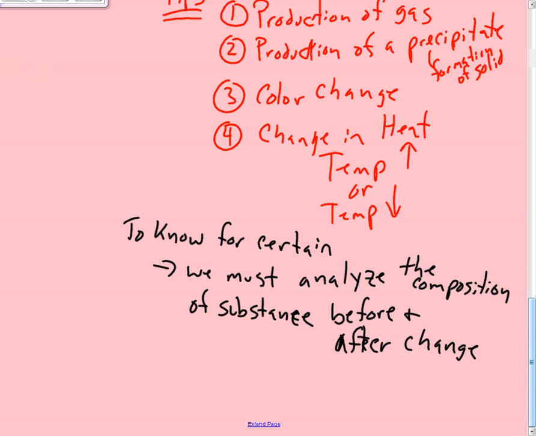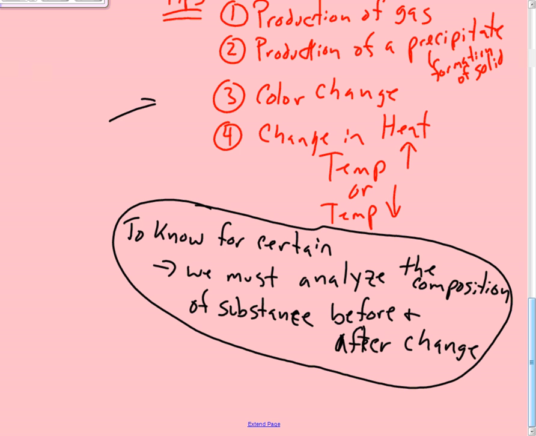If the composition is the same, then no chemical reaction has occurred. If the composition is different, then a chemical reaction has occurred. This is the only way to know for sure. These guys here are just indicators. They're just tips. There's still some uncertainty if we see these things. The only way to know for certain is we must analyze the structure.